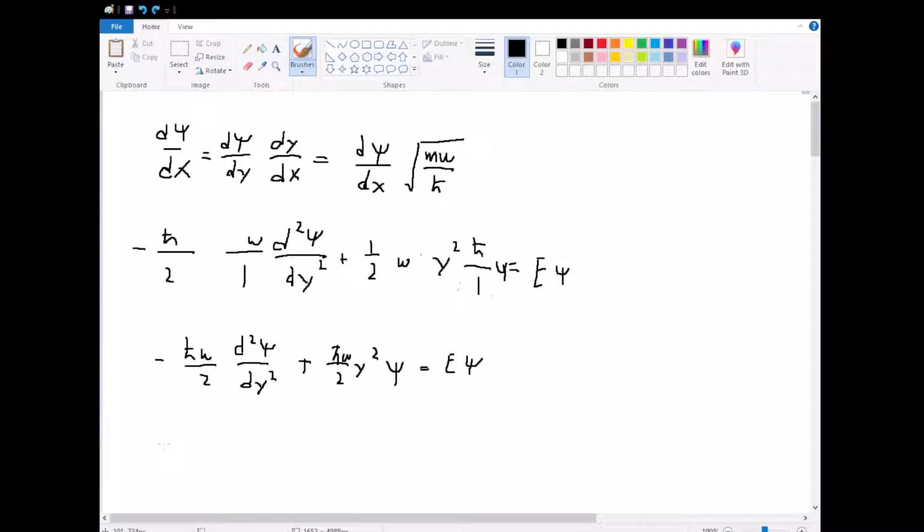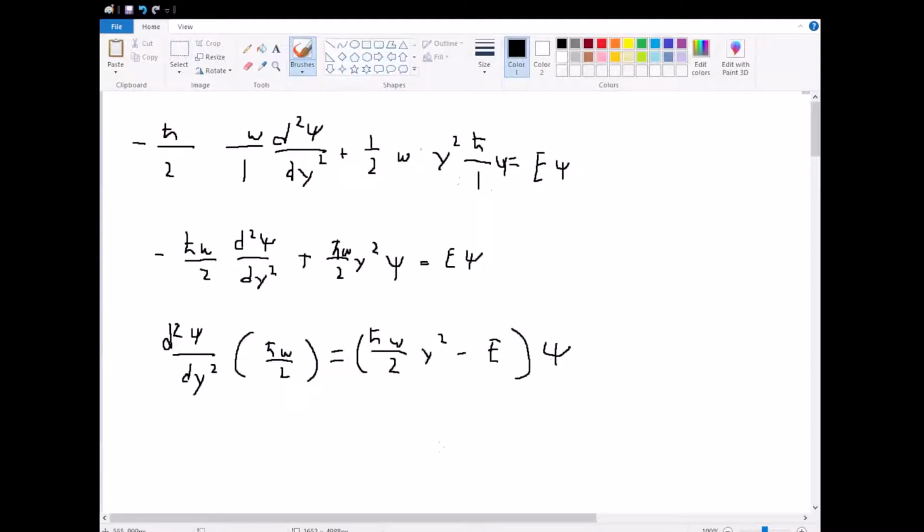So we have d2 psi by dy squared with our negative h bar omega over 2 factor, and actually let's get rid of the negative for now so we can get the order right. So this is going to be equal to h bar omega over 2 times y squared subtracted by E and then multiplied by psi.